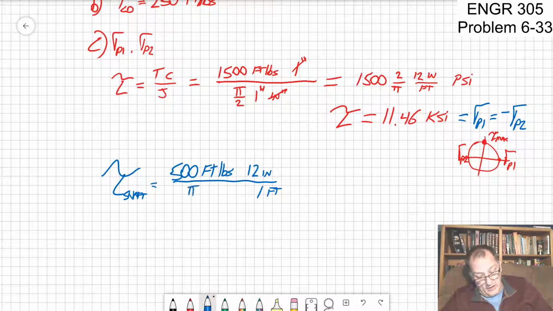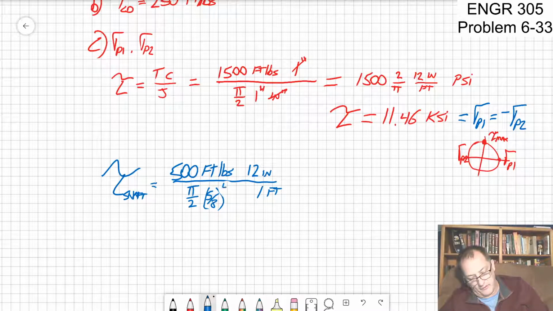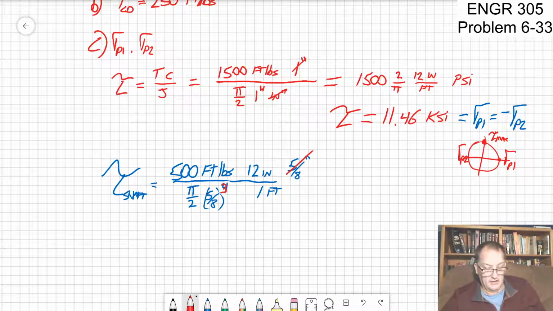So pi over 2 times 5/8 to the 4th. Sorry, not squared. I have to put a 5/8 up here, inches, so I can cancel those out right away and put a 3 there.